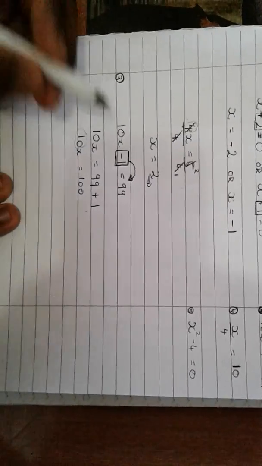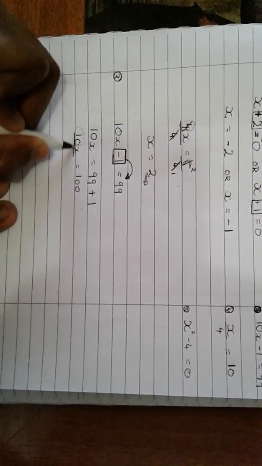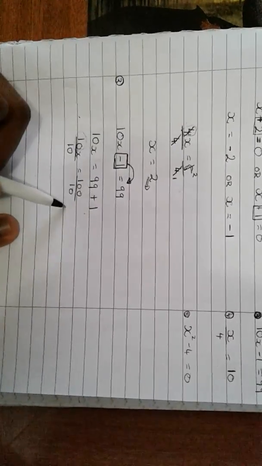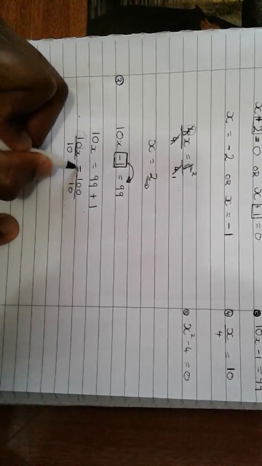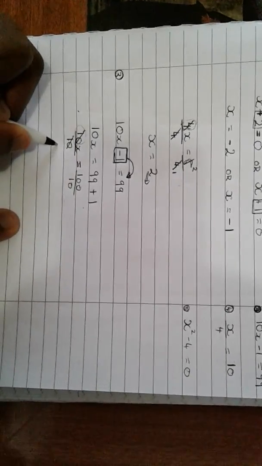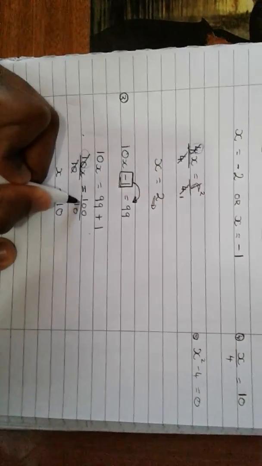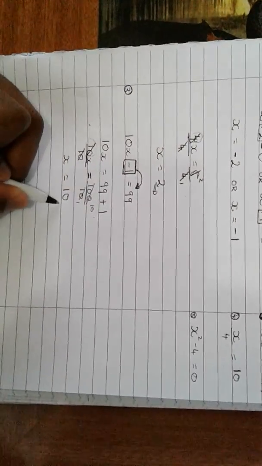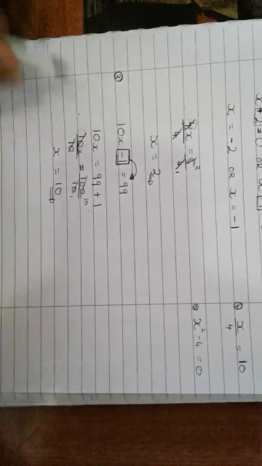Whatever you have here as a number, you divide both sides in order for you to be left with x. So x divided by 10, 100 divided by 10, because what you do on the left, you also do on the right side of the equal sign. Remember that. So you cancel here, you cancel here. x is equal to 10, because 10 goes into 10 once, and 10 into 100, 10 times. So your x is equal to 10.